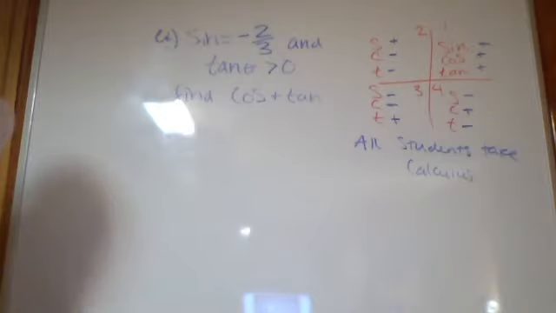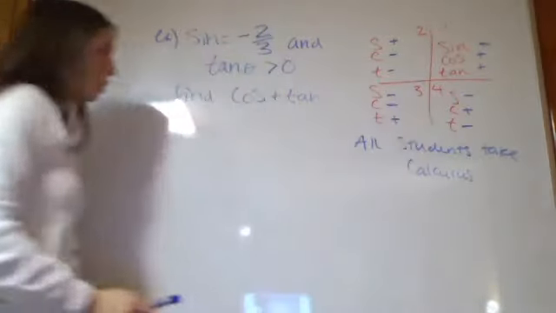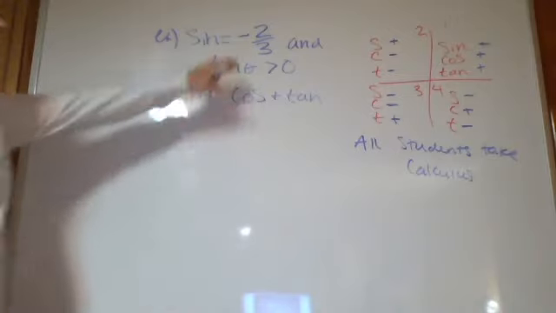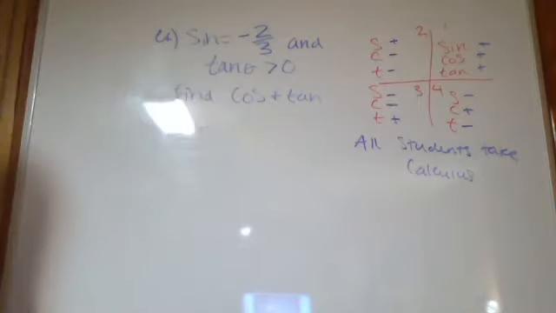First, we need to figure out what quadrant theta lies in. Theta could lie in quadrant 1, 2, 3, or 4. First, let's determine whether sine is positive or negative.